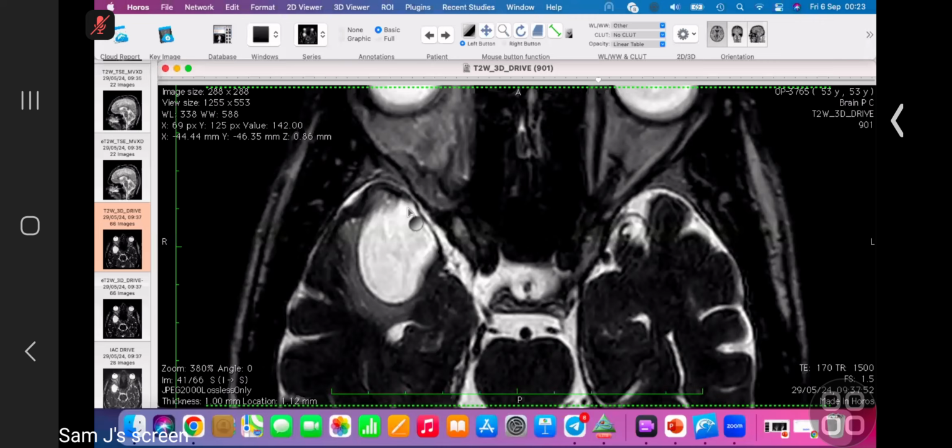Other important differential, as I was talking about, is the meningioma. Meningioma will have this sheet-like or plaque-like thickening, but these clumped up vessels differentiate it from meningioma. Another differential is orbital lymphoma.